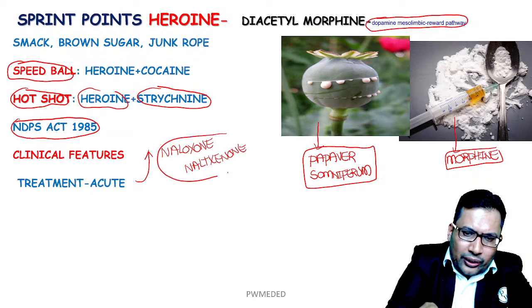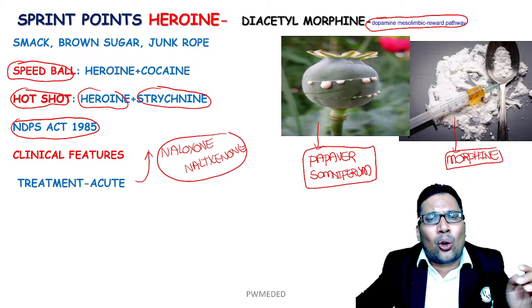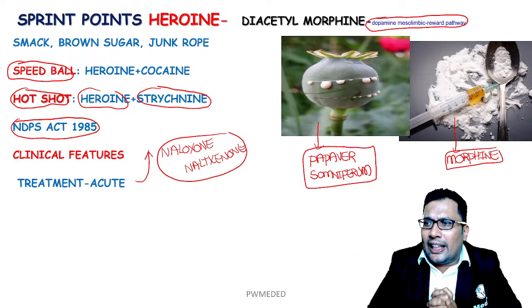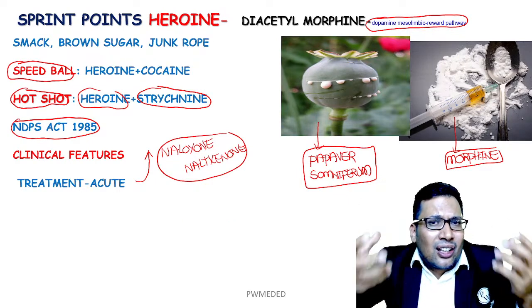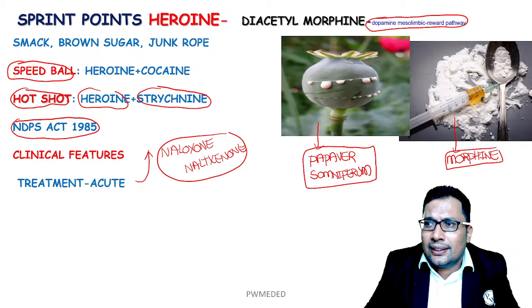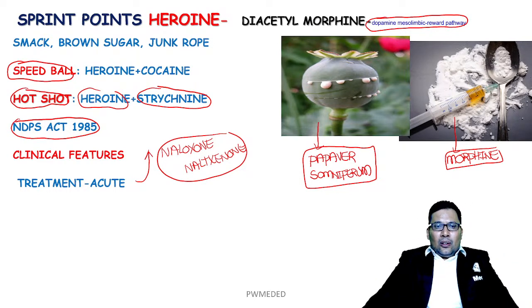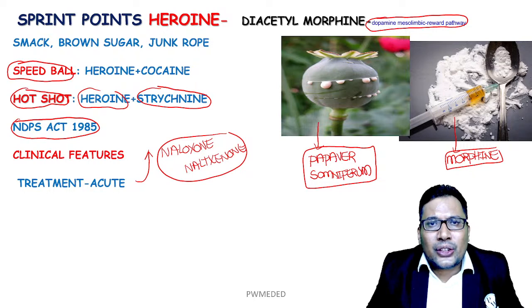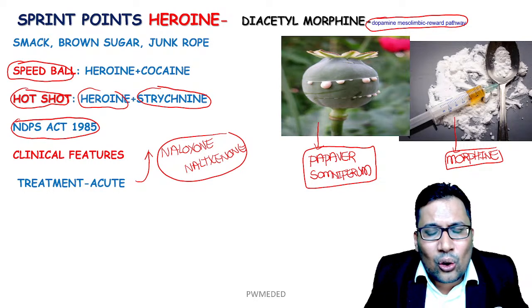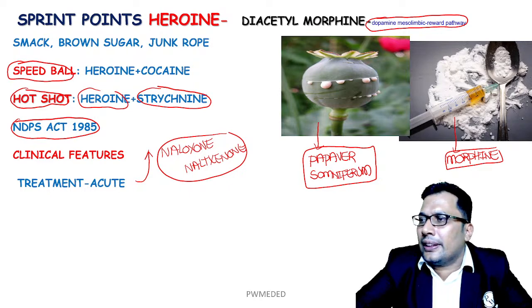Okay. So the question asked in the exam, what is the drug that is used in chronic addiction of heroin? Anyone, can you guess, all of you? Come on, my dear students.